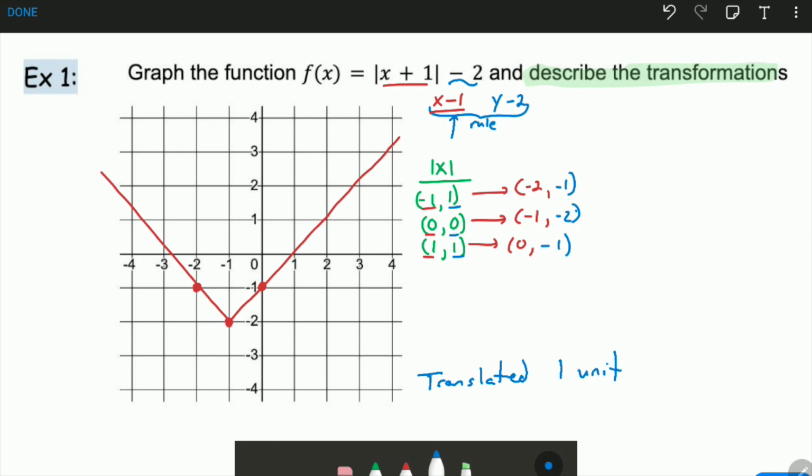If you subtract 1 from x values, it will be taking it to the left. And 2 units. So the y rule is y minus 2. If we subtract 2 units from the y, we're going to be going down. So we've translated it 1 unit to the left and 2 units down.